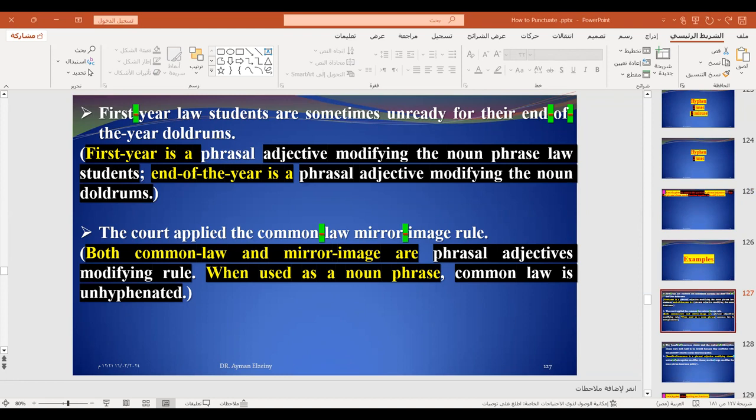First-year is a phrasal adjective modifying the noun phrase law students. And end-of-the-year is a phrasal adjective modifying the noun.